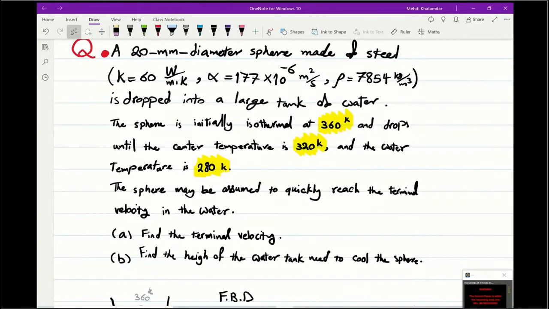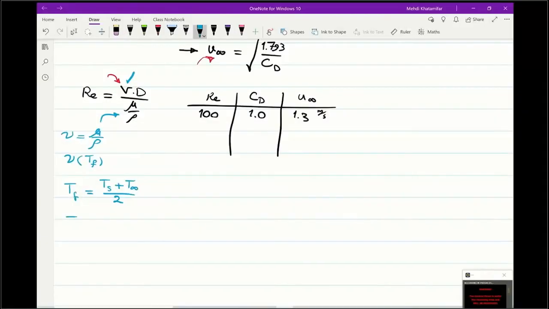Here we have two surface temperatures, the initial one and the last one. So the easiest way is just finding the average of these two. So I'm going to do that. To find the surface temperature, I'm finding the average of those surface temperatures, 320 and 360, which is going to be 340 degrees, and then plug that number in to get a film temperature, which is 340 plus T infinity 280, divided by 2, going to be 310 degrees.